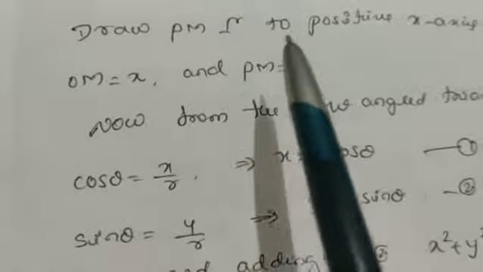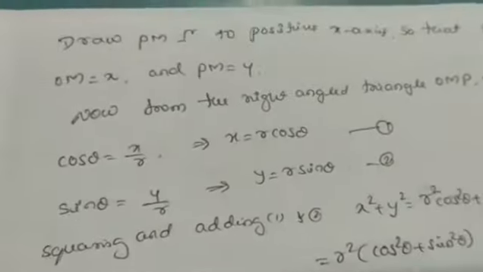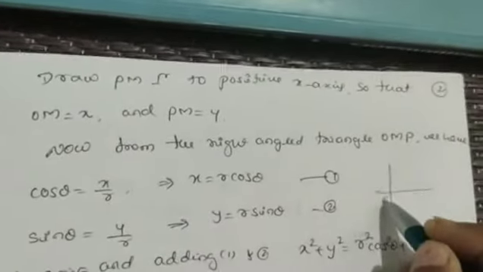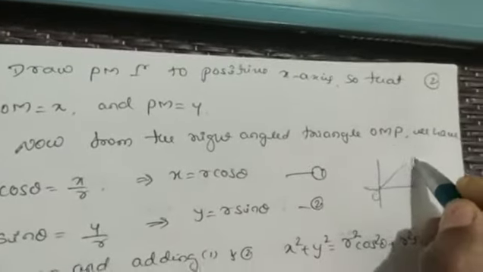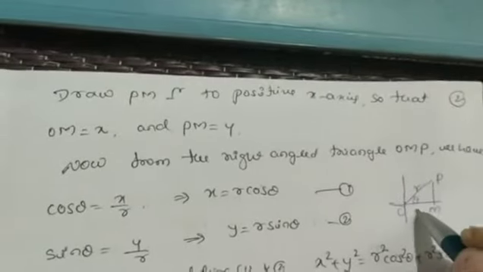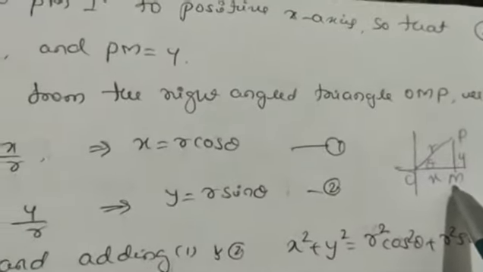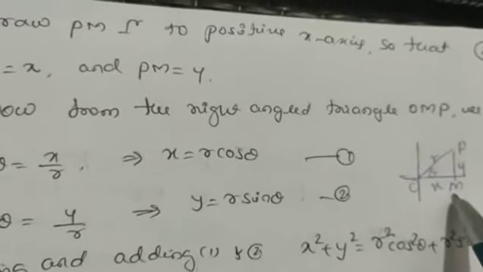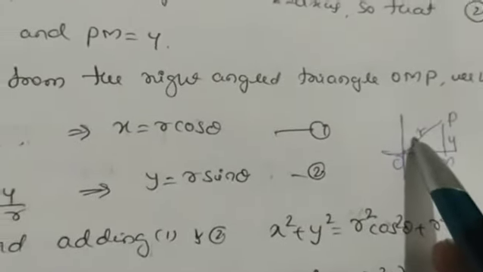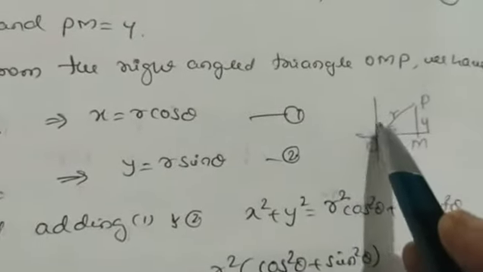Draw PM perpendicular to the positive x-axis. In this figure, O is the origin, P is the point and M is the foot of the perpendicular, and this angle is theta, this is r, this is x and this is y. The triangle OPM is a right angle triangle, in which we can define sin and cos theta. So cos theta is base by hypotenuse, x by r, and sin theta is opposite by hypotenuse, that is y by r.